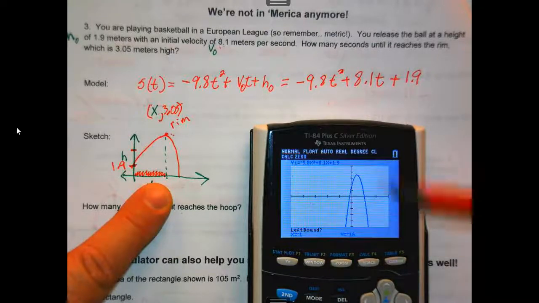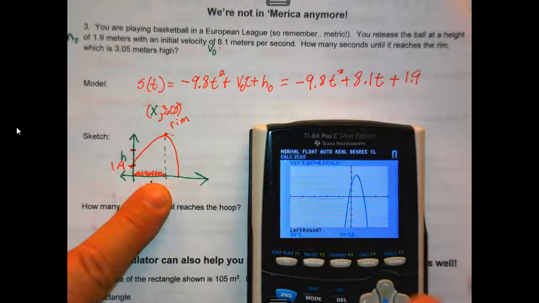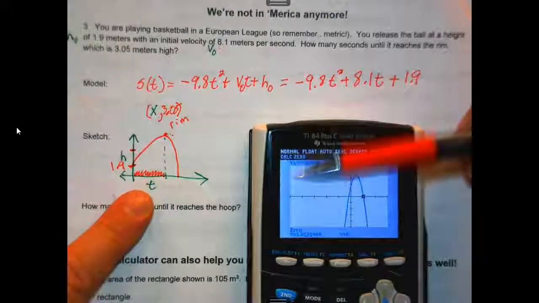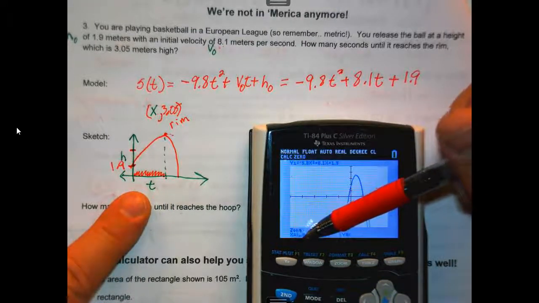I'm going to bring it closer to +1. Should bring me back into the picture. Yep. So it's asking, are you to the left of that intercept point? Well, yes, I am. Are you to the right of that intercept point? Now I am. And then guess. And the time is going to be 1.02 seconds.